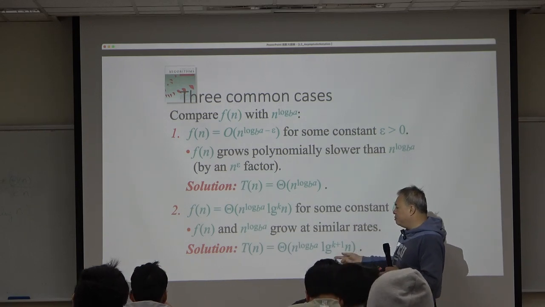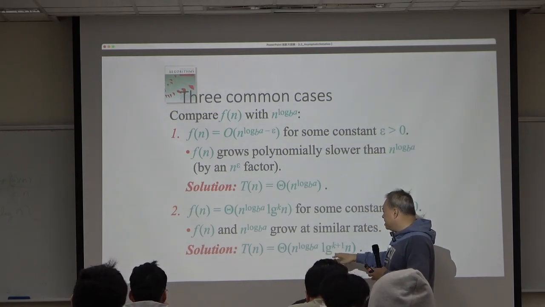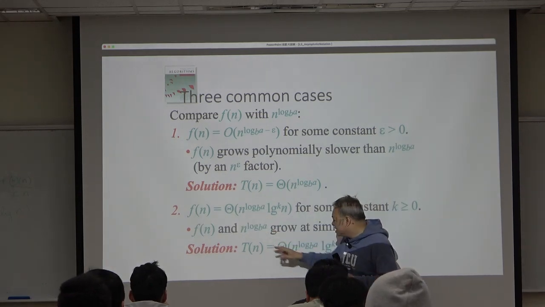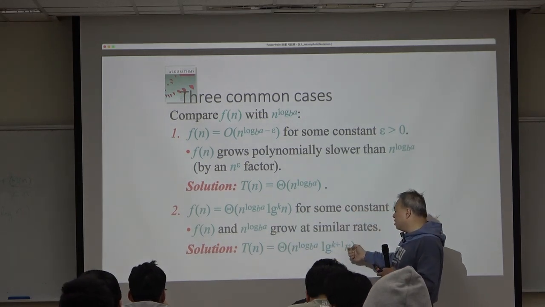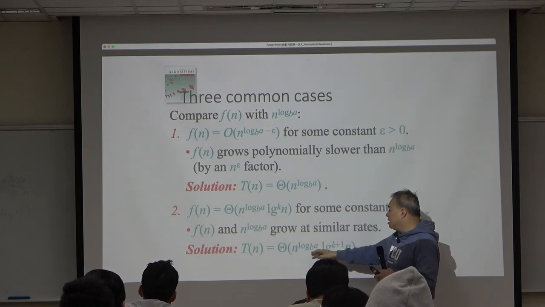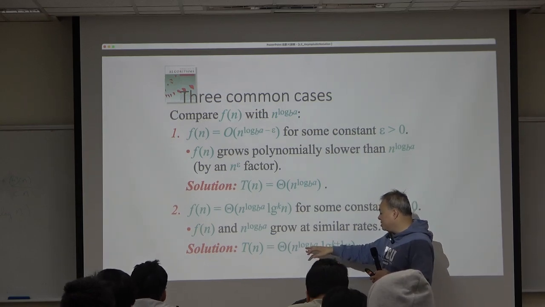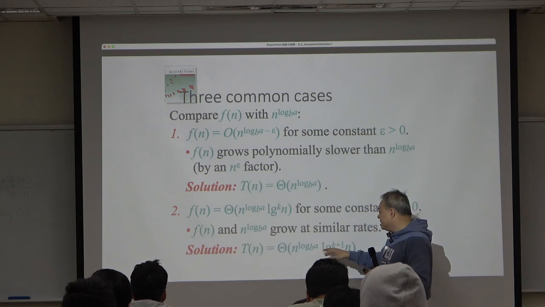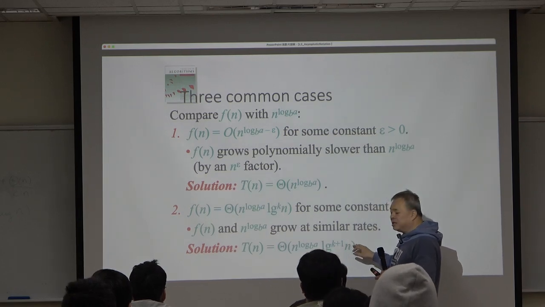So the solution will be the original term times another log n: Θ(n^(log_b a) · log^(k+1) n).